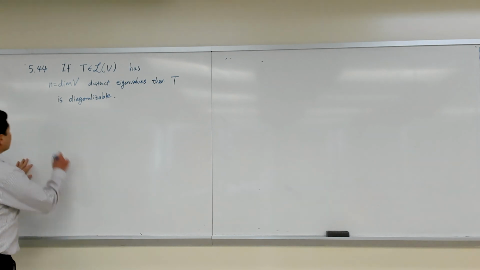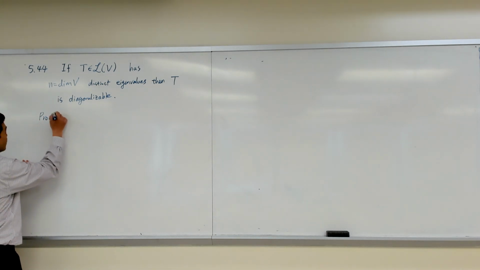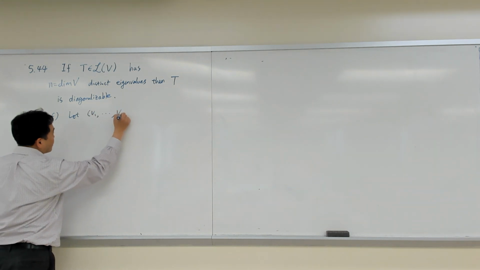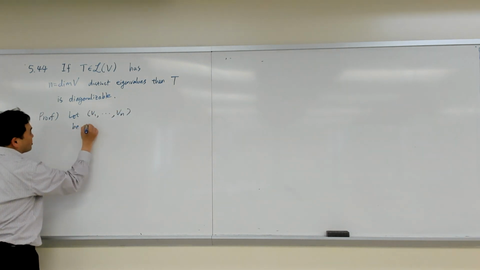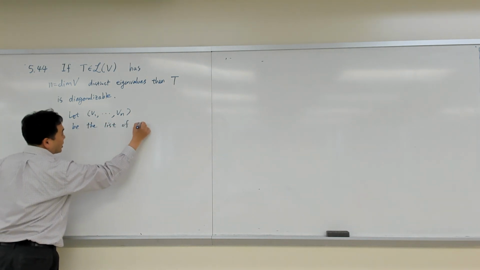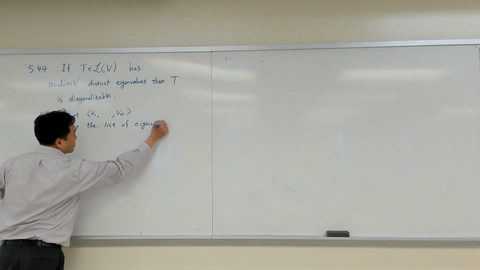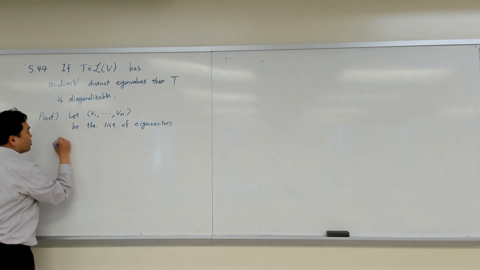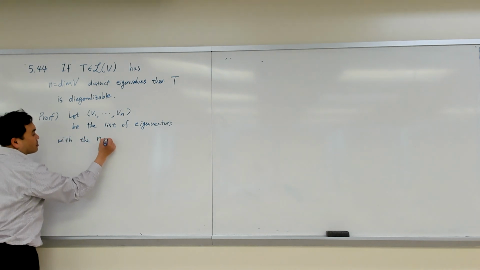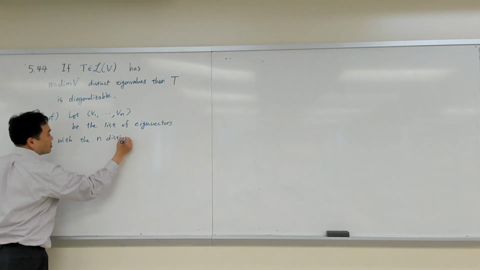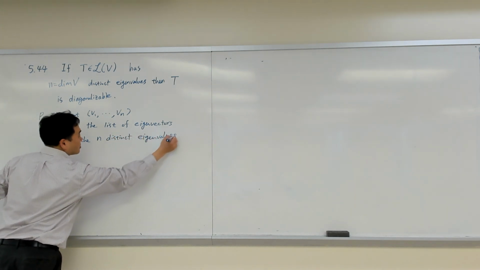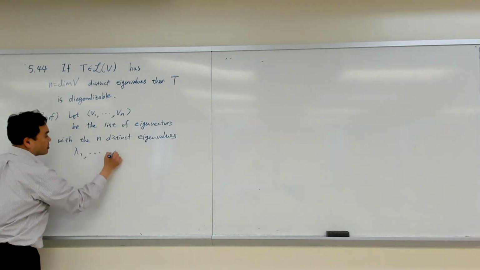Well, the proof is: let V1 through Vn be the list of eigenvectors with the n distinct eigenvalues, lambda 1 through lambda n, right?